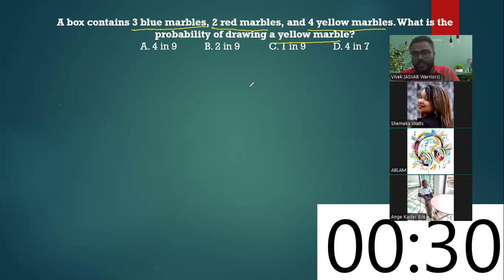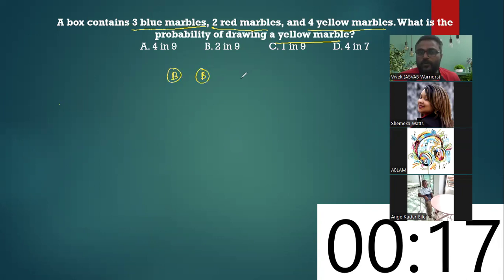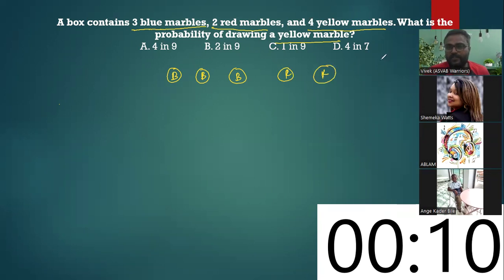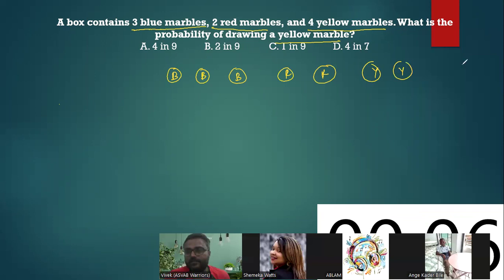So, Shemika, what you need to do first is write down all the possible outcomes. So there are 3 blue marbles. If I'm going to put it into marbles, I'll write it as blue, blue, blue. This is one way of doing it. Then there are 2 red marbles, 4 yellow marbles.